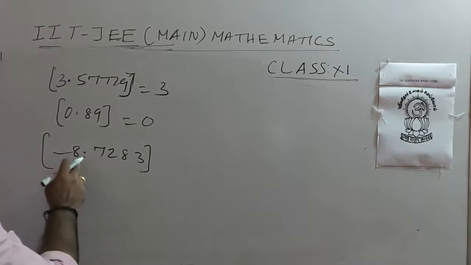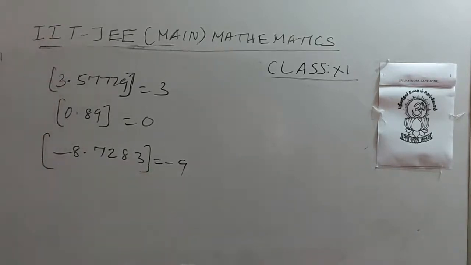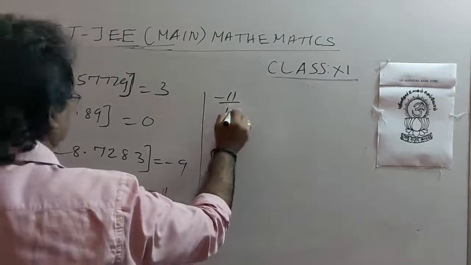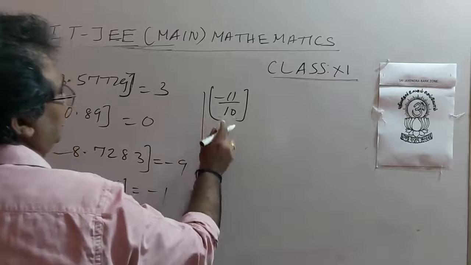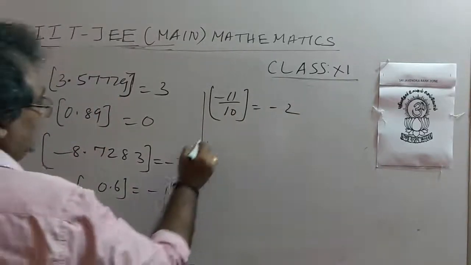You should not write minus 8. You have to write only the least value, minus 9. Minus 0.6, that is minus 1. Minus 11 by 10, integer part: minus 1.1 something. So the answer is minus 2.